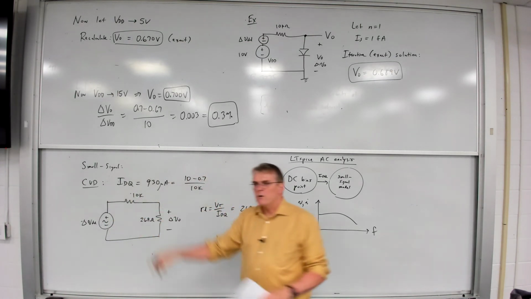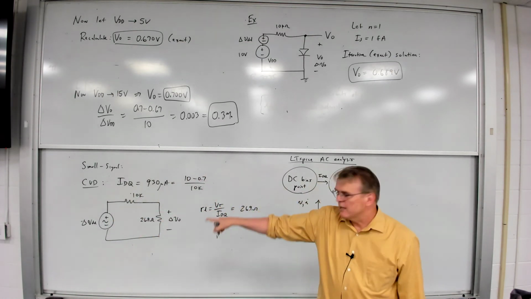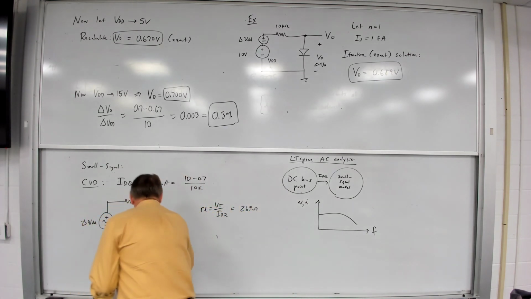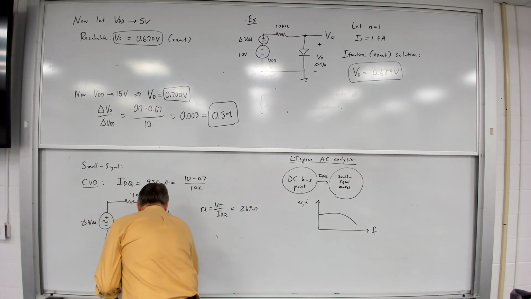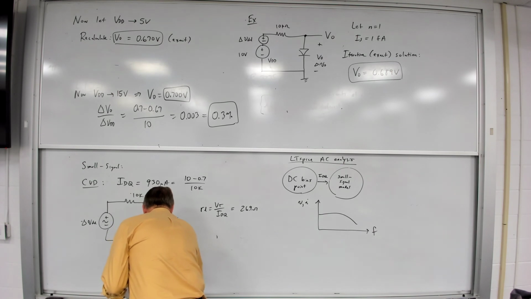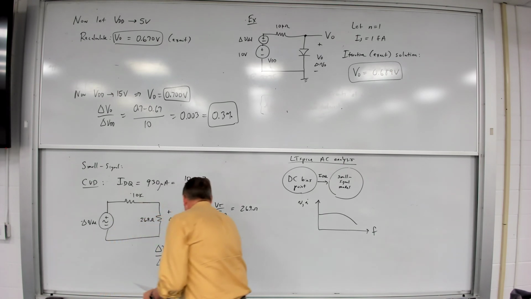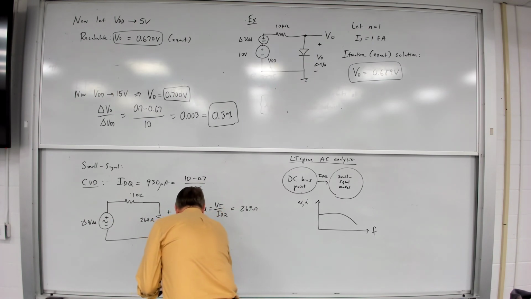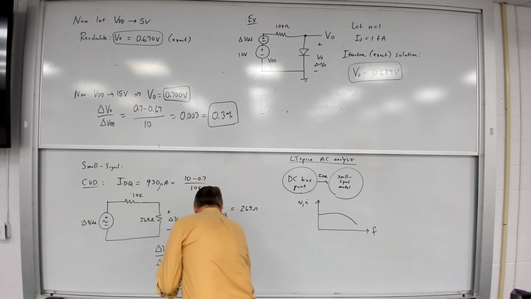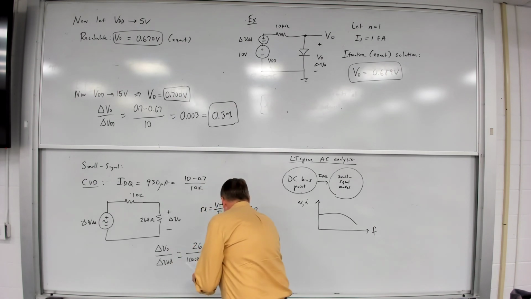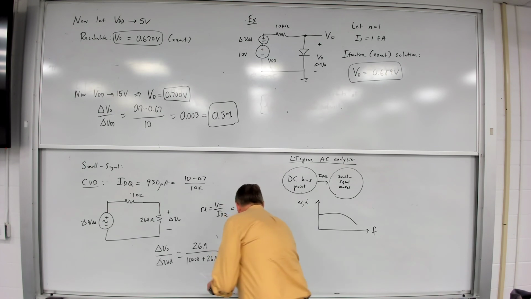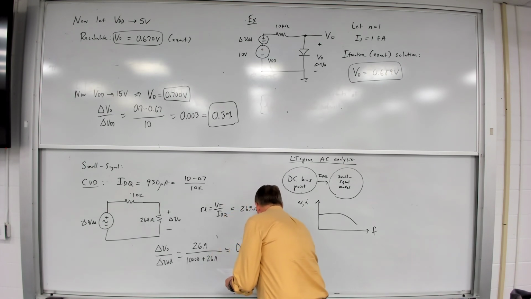And now I'm going to calculate delta V out over delta VDD. And what we get is that delta V out over delta VDD will be equal to voltage division, 26.9 over 10,000 plus 26.9, which is equal to 0.00268, which is equal to 0.268%.